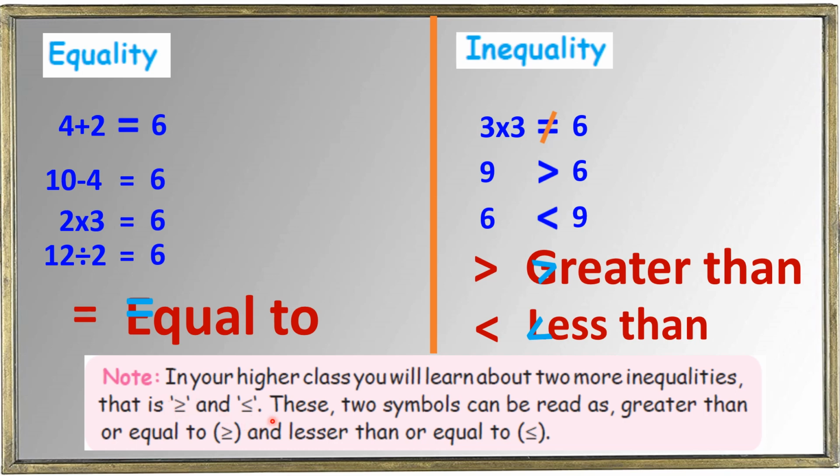These two symbols can be read as greater than or equal to. Is it clear? This one we read as greater than or equal to. And for this symbol, how to read? Just lesser than or equal to. So it's very interesting and it's very easy.